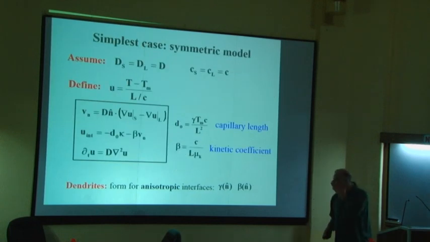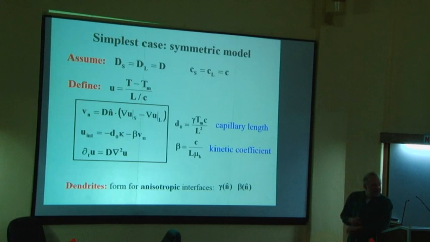So I will analyze a particularly simple case of this model in which I will assume that a lot of properties are the same in solid and liquid. So this is called the symmetric model. It has been studied by theorists quite a bit. So you assume that the diffusivity is the same in both phases. You assume also that the specific heat is the same in both phases.